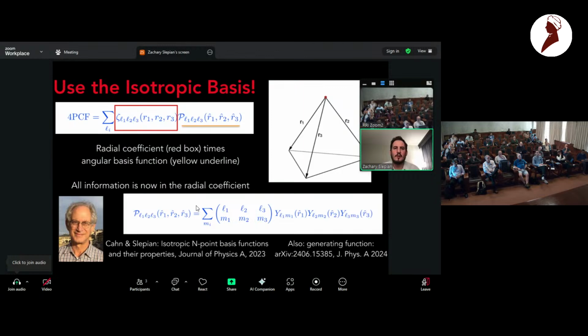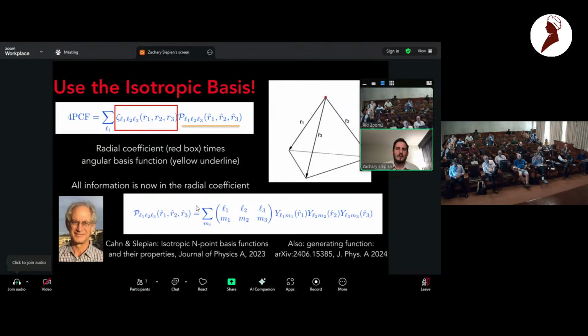And so what you do is you take the 4-point correlation function and you write it as a sum of radial coefficients, which I've boxed in a red box, times angular basis functions, which I've underlined with the gold underline. And once you've expanded into this basis, which we call the isotropic basis of these angular functions, all of your physics information is in the red box. All of your information about the cosmological signal is in these coefficients, which we call radial coefficients.